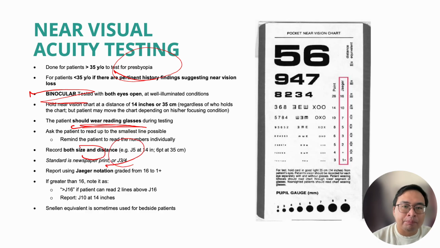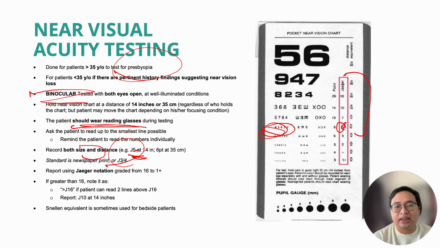So for example, if the patient could read J5 at 14 inches, then you write J5 at 14 inches. What's J5? It's here. You look for the Jaeger column and it's up to here. Meaning the patient could read up to these numbers. Right? Okay. So we're done now with visual acuity testing.